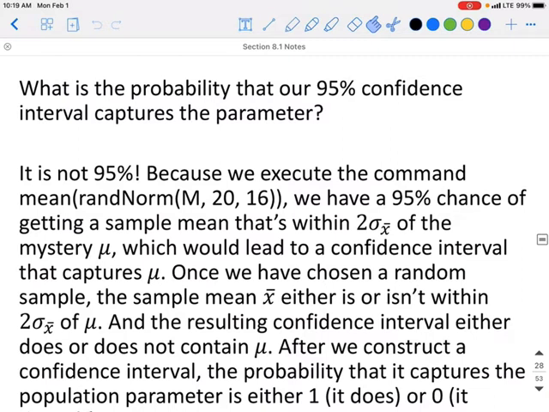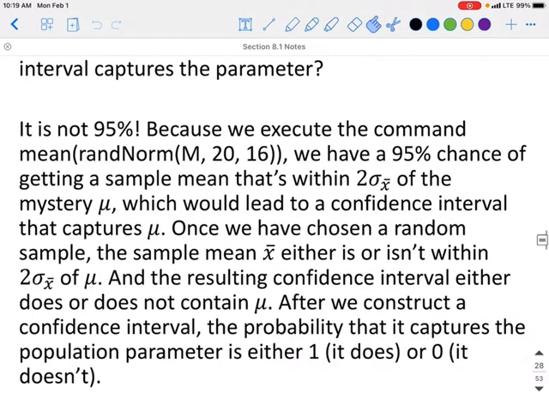What is the probability that our 95% confidence interval captures the parameter? It is not 95%. Because we executed the command mean, random, normal, with a standard deviation of 20 and 16 samples, we had a 95% chance of getting a sample mean that's within 2 standard deviations of the mystery mean, which would lead to a confidence interval that captures the mean of the entire population.